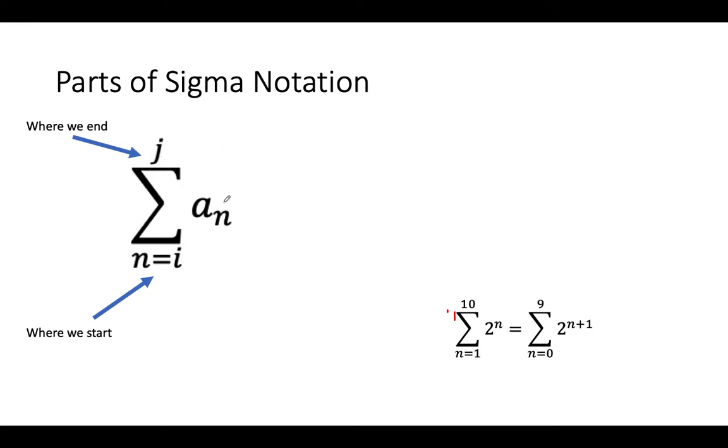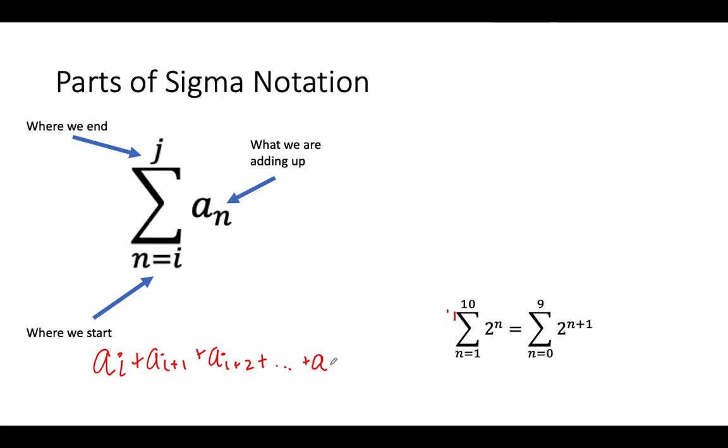a sub n is what we're adding. And so this expression here, if I wanted to write it out, would be a sub i plus a sub i plus 1 plus a sub i plus 2 plus ... right? And I'm going to go all the way to j.